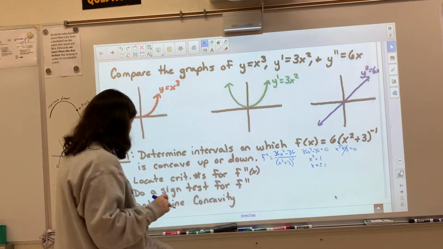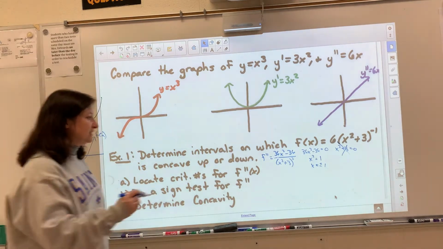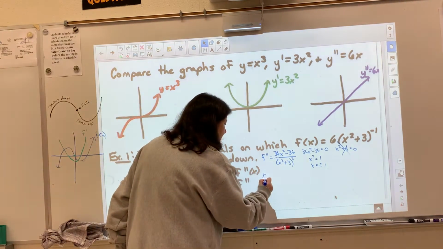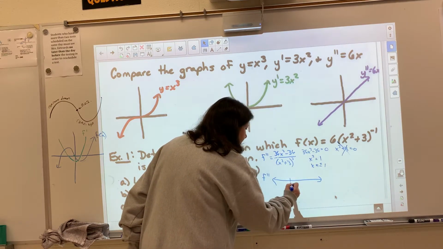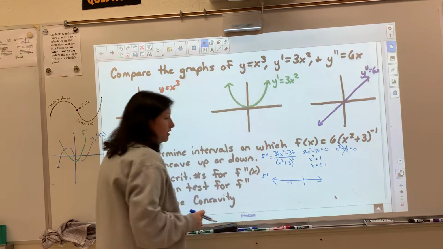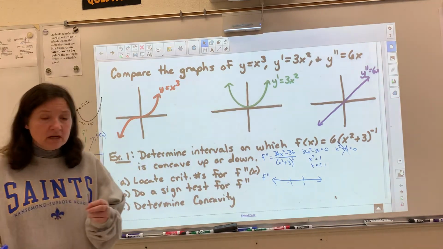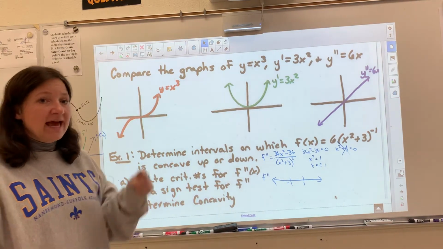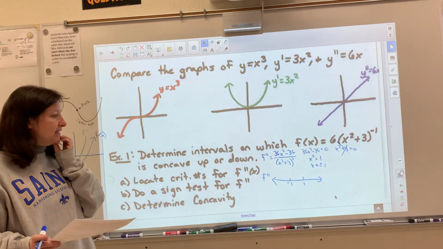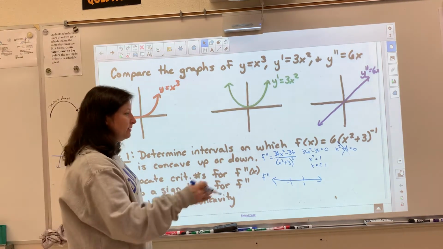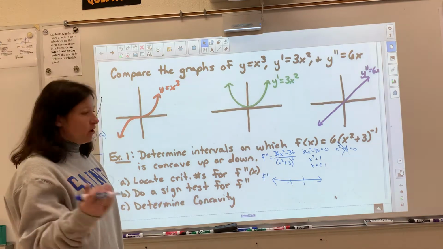Step B, do a sign test for the second derivative. So I'm going to label this sign test the second derivative, because you're going to have problems where you will do both the first sign test and the second derivative sign test. If you don't label them, you'll get them mixed up. Pick an easy number to test. Pick 0.